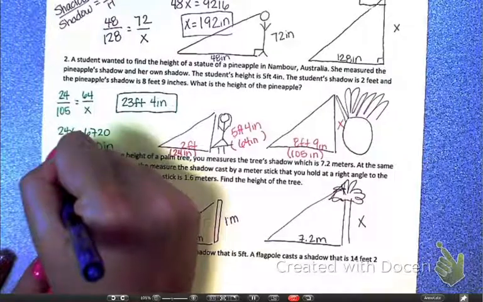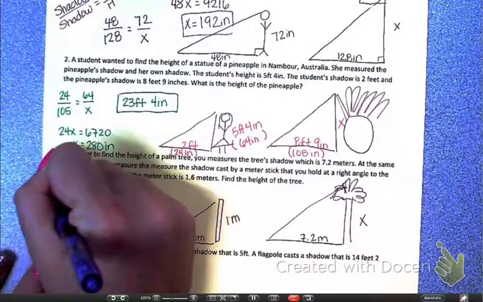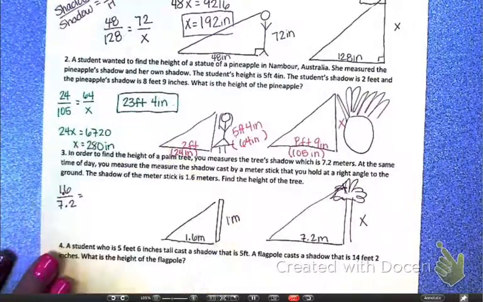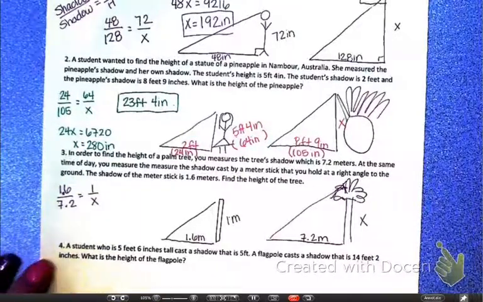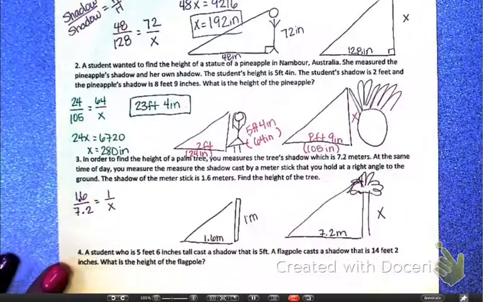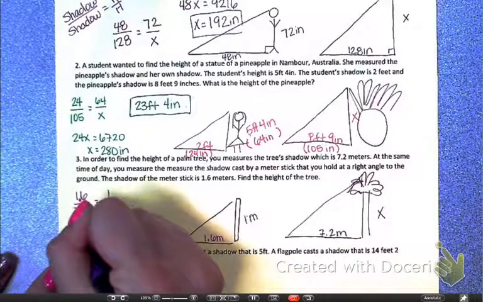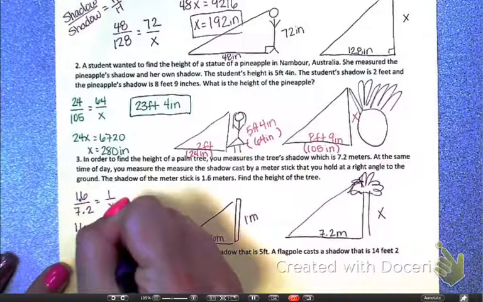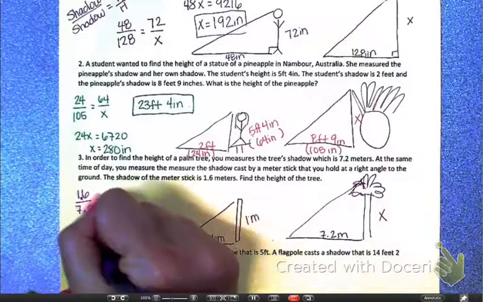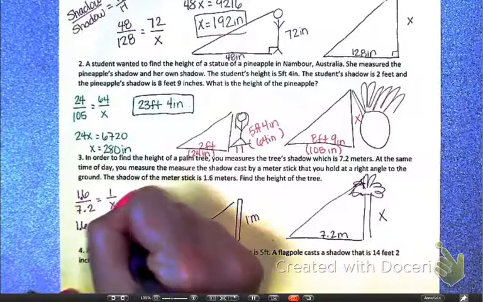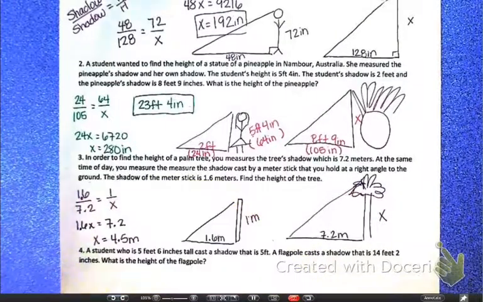So shadow to shadow, height to height. So I'm getting 1.6x equals 7.2, which means x is 4.5 meters.